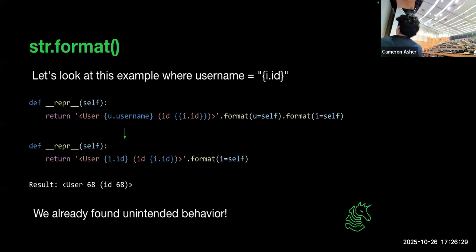So to Python, this looks like I'm supposed to fill in this ID in both of these places because it matches the format in both. But in the original string, this wasn't supposed to be the ID, it was supposed to be the username. So I was able to get information into the string that's not supposed to be there because of the double format call. So here, you see the ID appearing twice.